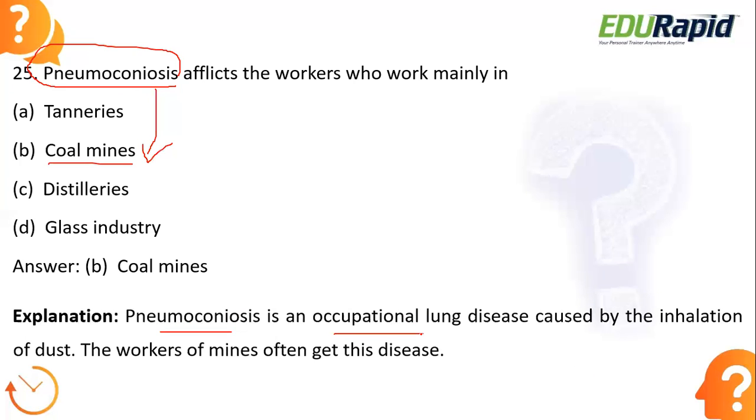The workers who work in coal mines are more susceptible to pneumoconiosis. Tanneries are where people work in the leather industry, distilleries deal with distilled waters, and then the glass industry. Out of all the given options, the people working in coal mines will suffer from pneumoconiosis; there are more chances here.